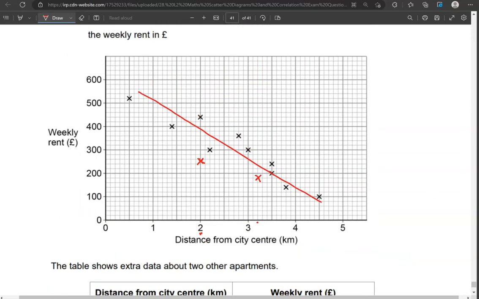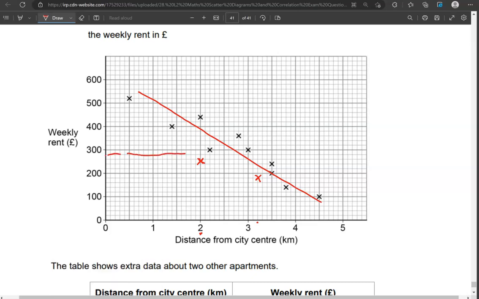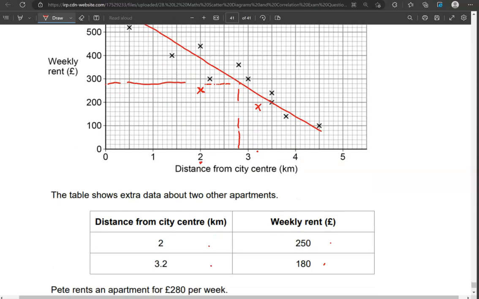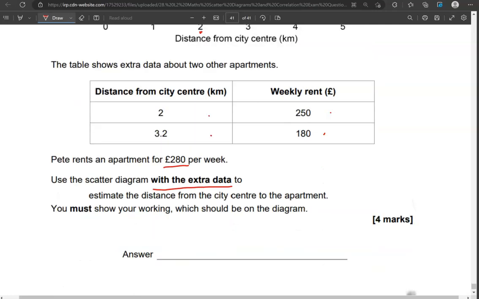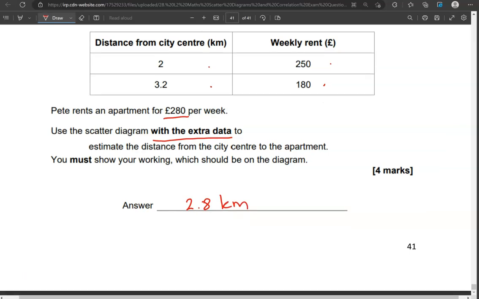So 280, that's going to be here. So that is about 2.8 kilometers from the city centre. And that's the end of the questions.